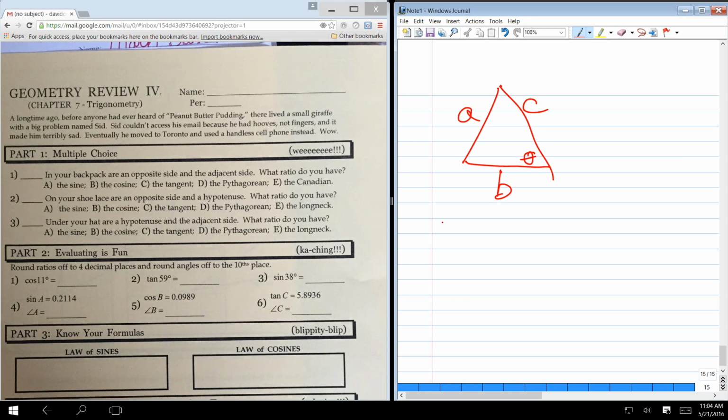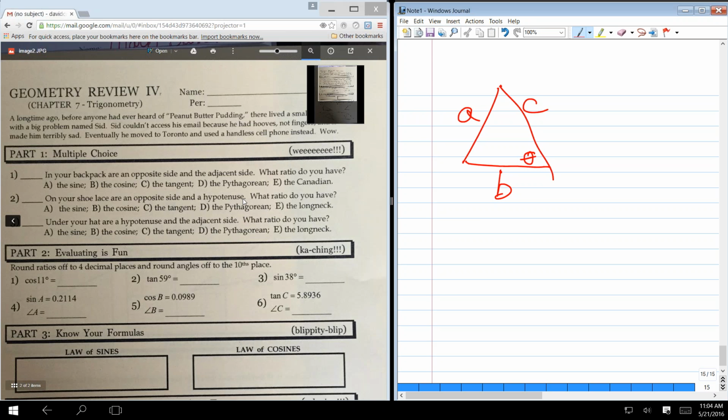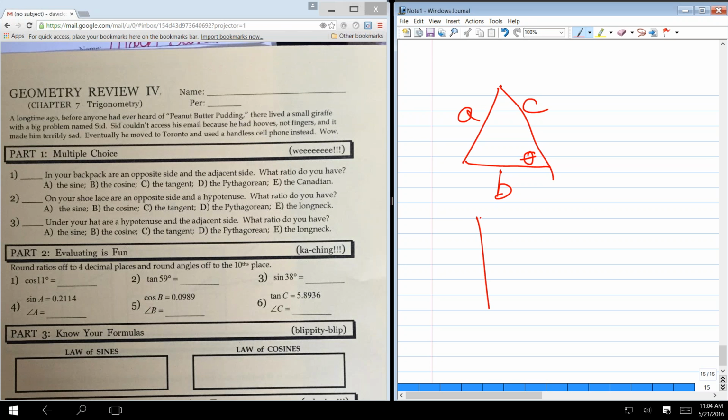Now, the problem with this question is he didn't really state it properly. It has to be a right triangle, because A over B is not the tangent of theta.